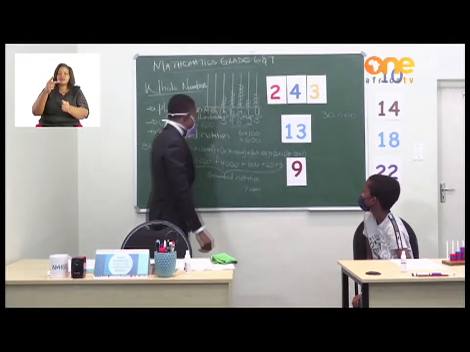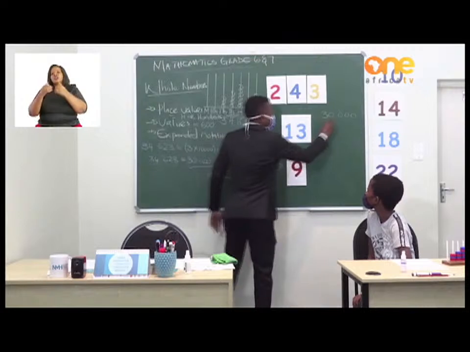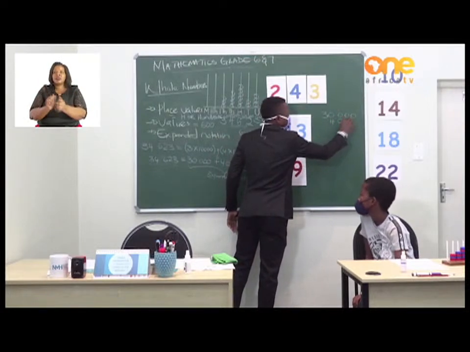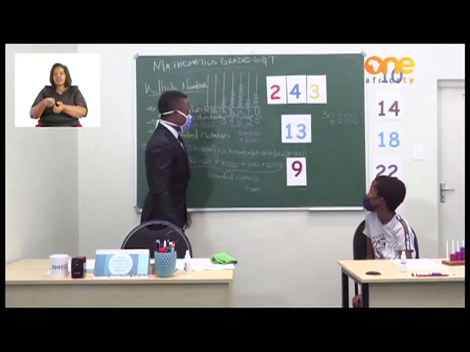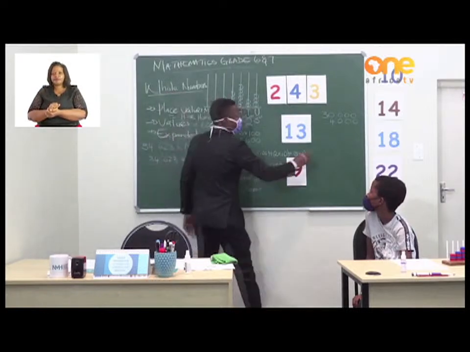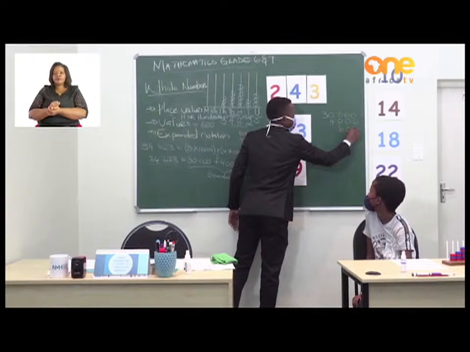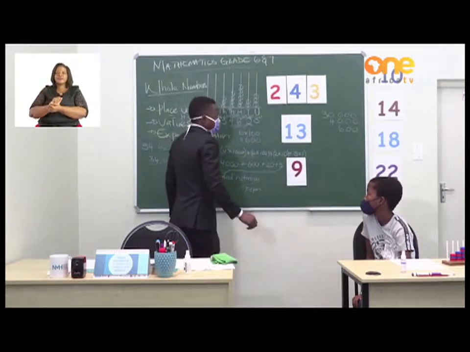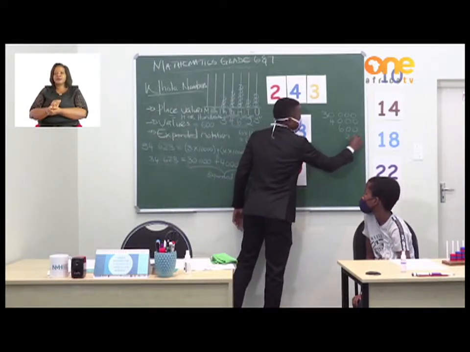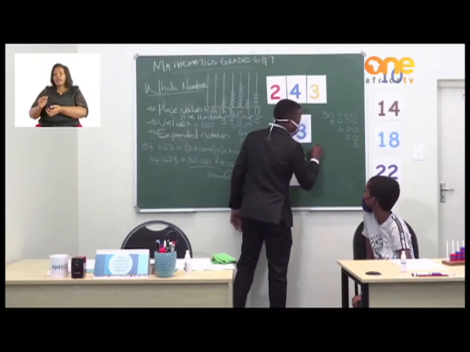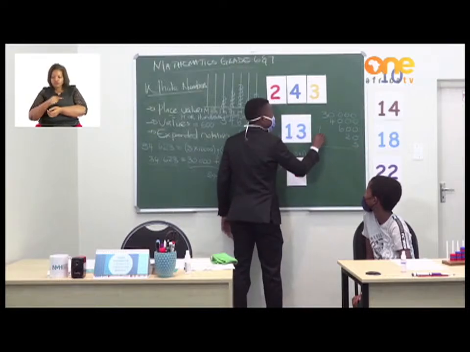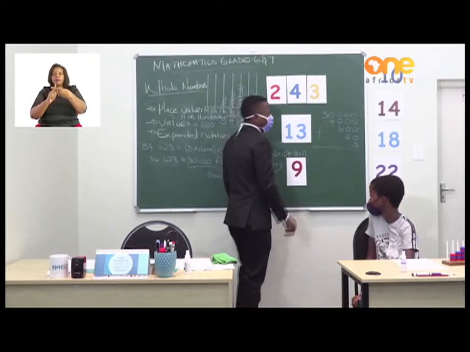I'll take 4,000. Let us add in a vertical way. 600, I add 20, and I add 3. I have a line, and I have my addition here.